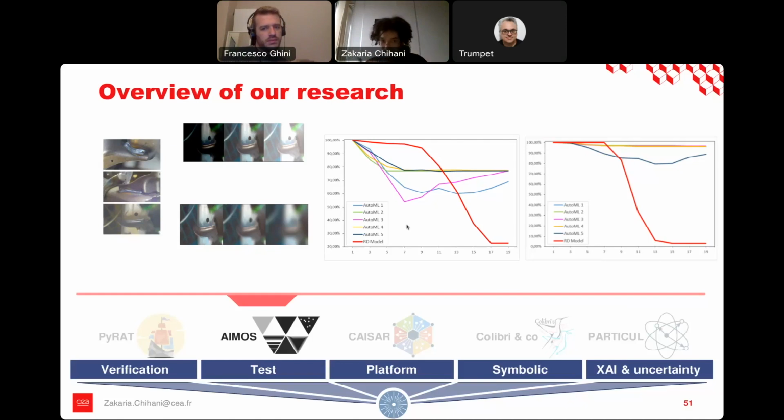And so we interacted with this partner for a while to try to find the properties that the model should be robust to. And from this interaction, they told us that this whole setting is used at different times of the day, so you have different lighting conditions.